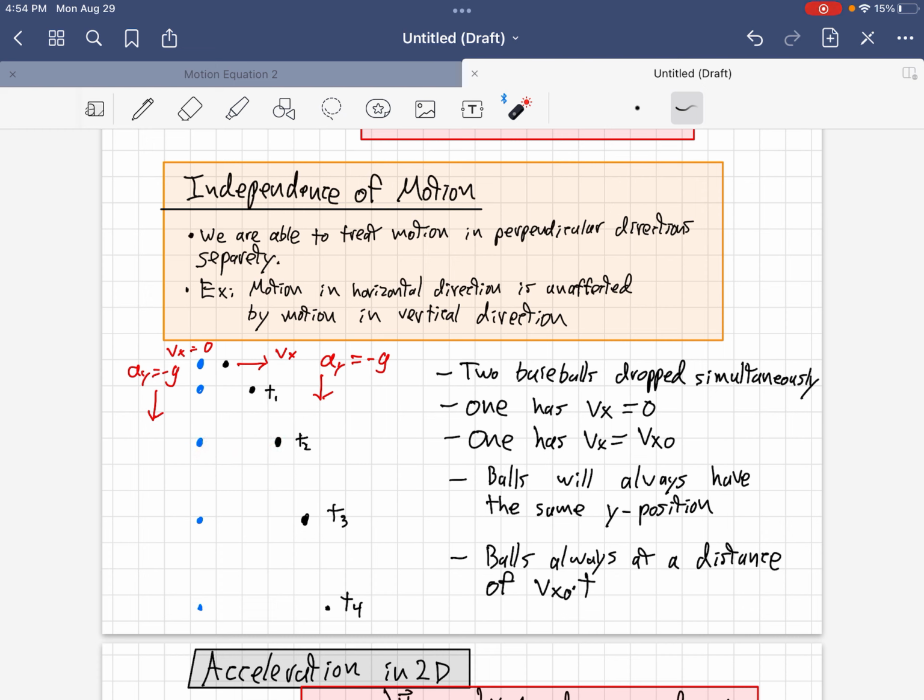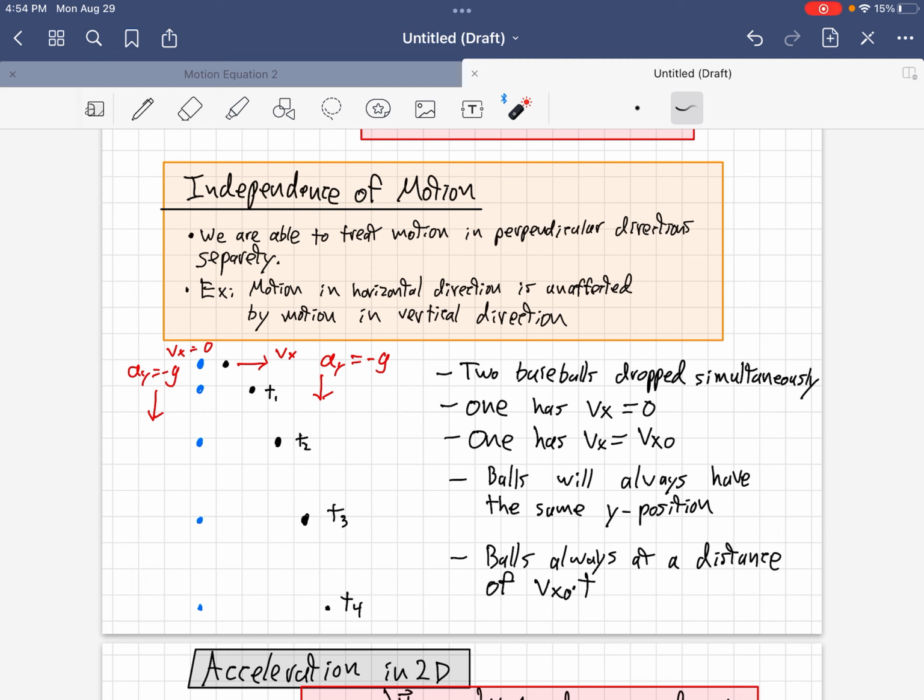Yeah, and the important thing being independence of motion. Obviously, if I had given you a problem like, let's say the balls aren't falling and this ball is moving to the right, can you give me the distance between the two balls after a certain amount of time if I told you the velocity? You'd say no problem.